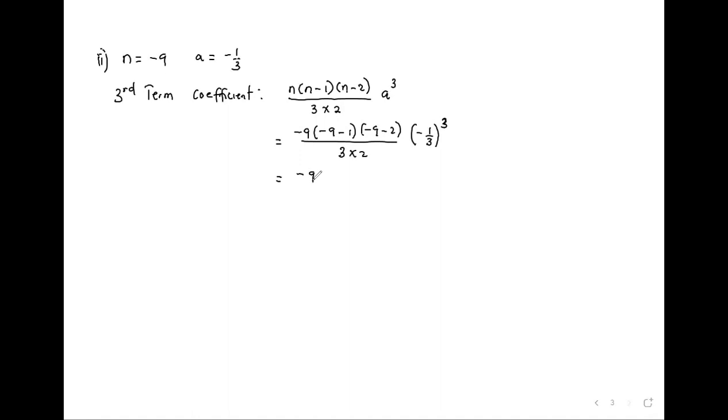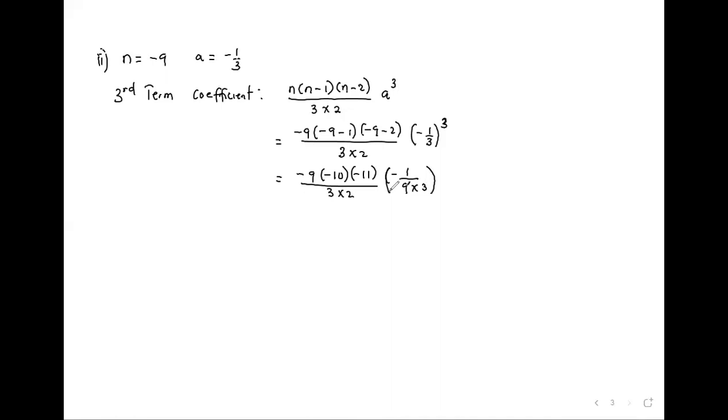This is -9, -10, -11 over 3 by 2, times -1/9 by 3, because we know that 3 to the power 3 is the same as 3 squared times 3.